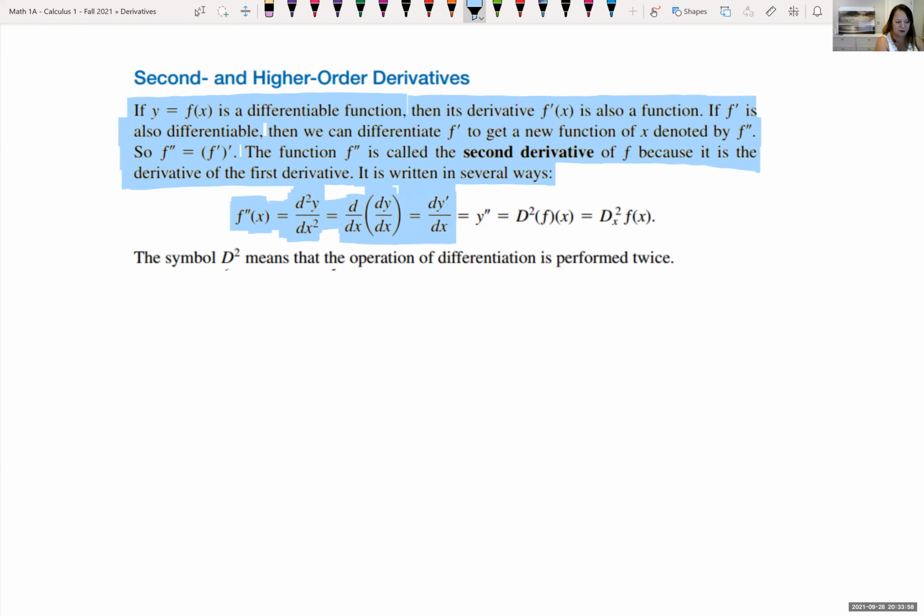Or we can use y double prime. I don't usually use these last two, but they're there for your notation, just in case you're reading it, you know what it's talking about. So the symbol capital D squared means that the operation of differentiation is performed twice.